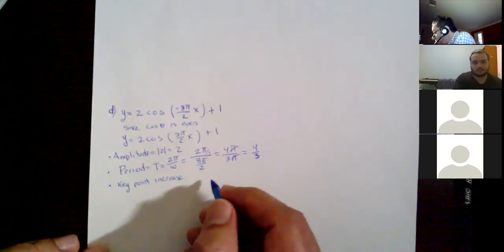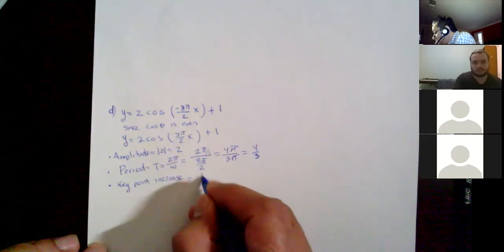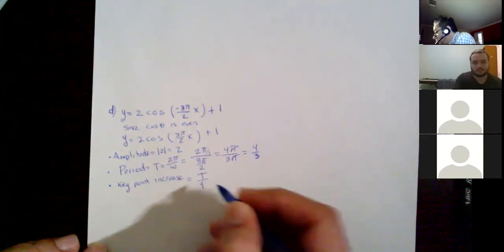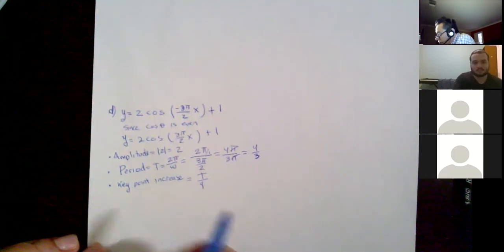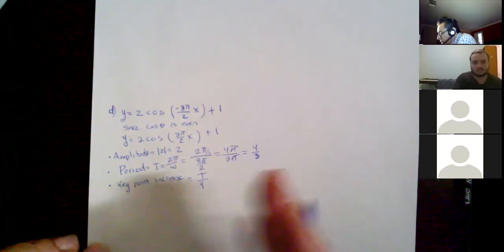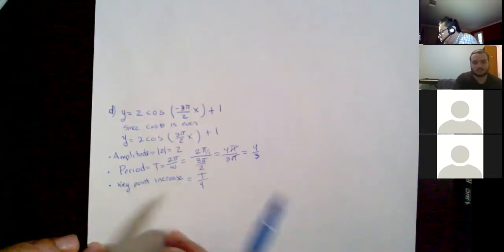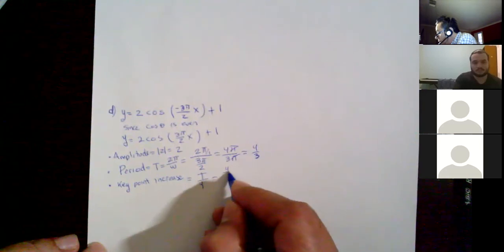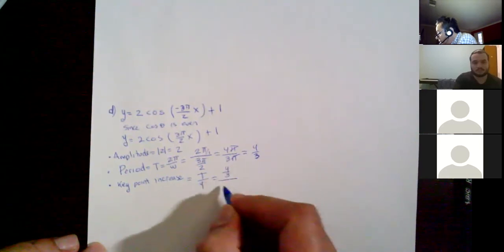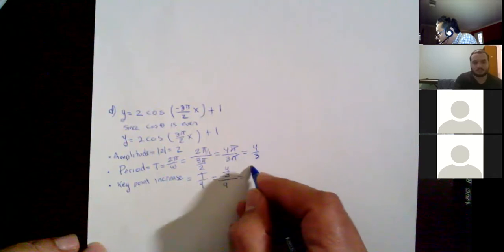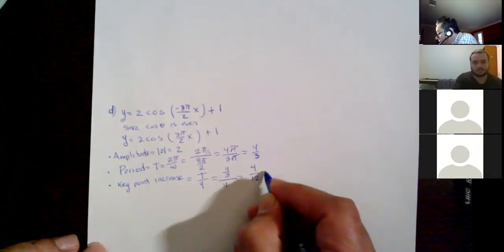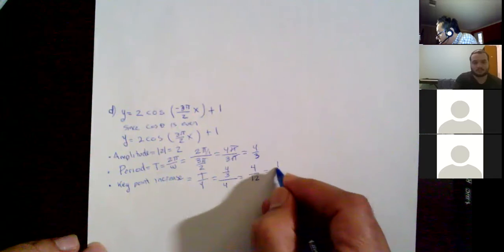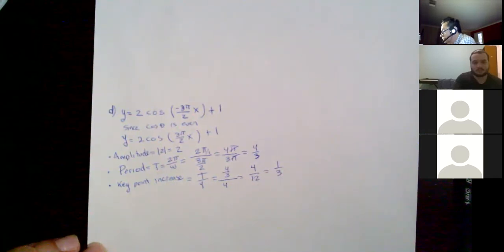Remember, the key point increase is the same as T over 4. Why over 4? Because we are dividing the period in 4 intervals, 4 parts. So this is the same as 4/3 divided by 4, which is 4 divided by 12, which is the same as 1/3. So the key point increase is 1/3.